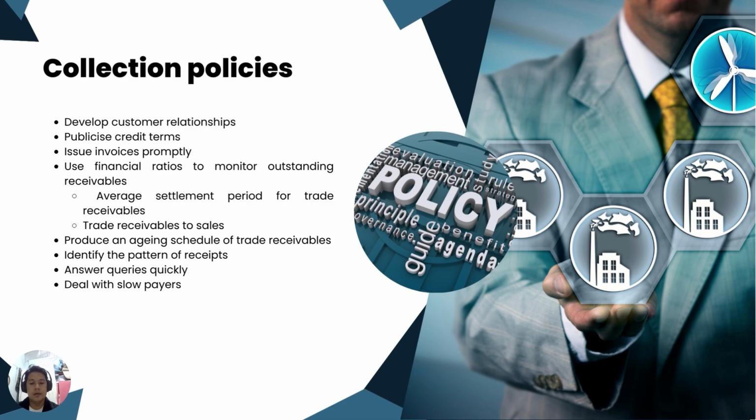This aging schedule of trade receivables is helpful for managers to see the pattern of outstanding receivables. It is also helpful in knowing the credit amount granted to an individual company.